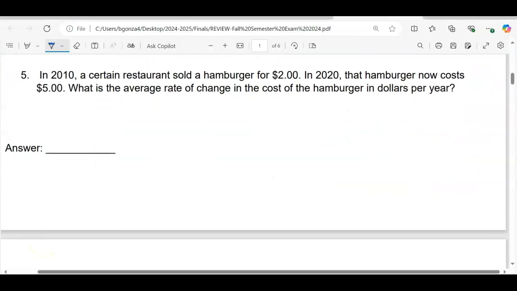All right, here's a problem. In 2010, a certain restaurant sold a hamburger for $2. In 2020, that hamburger now costs $5. What is the average rate of change in the cost of the hamburger in dollars per year? So when we have x and y, we're going to have dollars as our y, per year as our x. So we can make a little table.